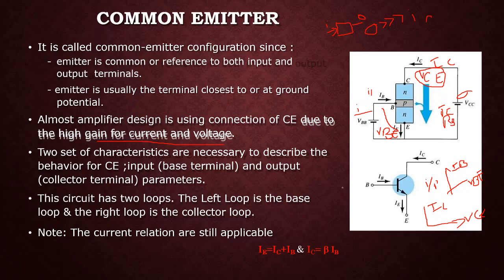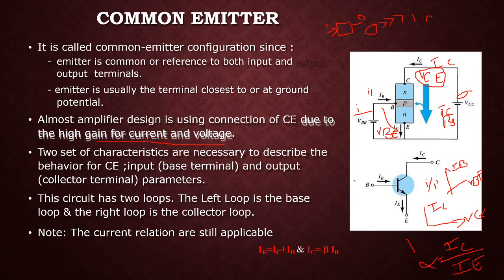If you observe alpha in the previous case, the common base configuration, the output current is IC and the input current is IE. To indicate the common base current gain, we took the symbol alpha.